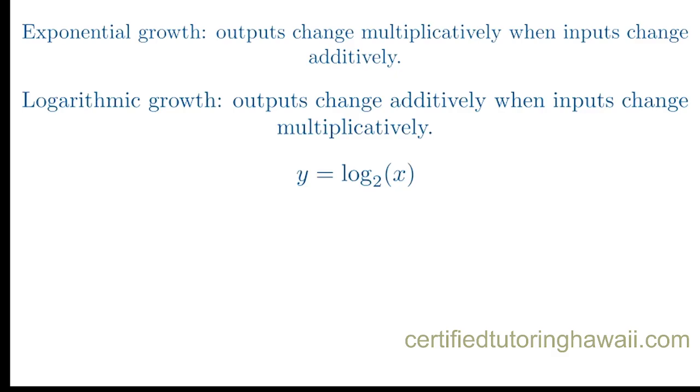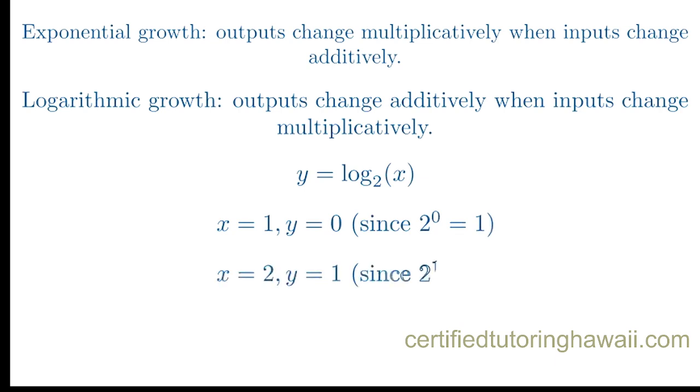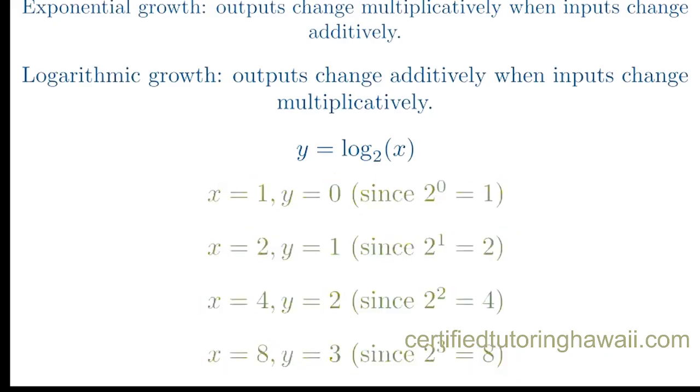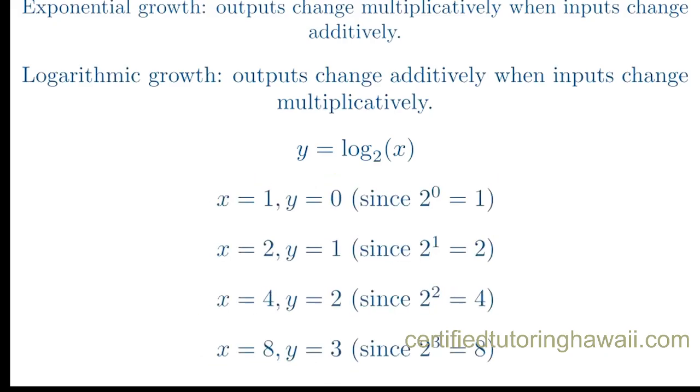So, if x is 1, y is 0 because 2 to the 0 is 1. If x is 2, y is 1. If x is 4, y is 2. And if x is 8, y is 3. Notice that as x doubles each time, y increases by 1, so we are seeing the exact opposite of exponential growth. This pattern confirms their inverse relationship. The multiplicative input changes produce additive output changes.